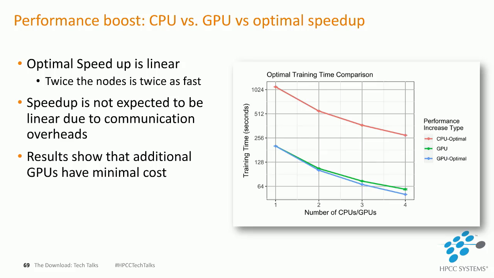The green line is the GPU performance, and the blue one is optimal. You can see that it's very close to optimal as you keep adding GPUs, which basically means there's minimal cost for adding an additional GPU, and you keep increasing the performance as you keep adding the number of GPUs.